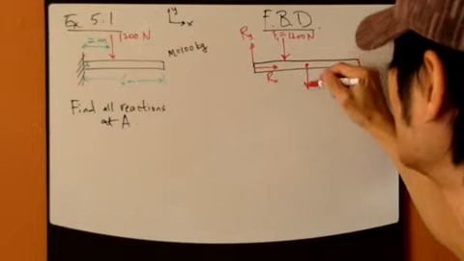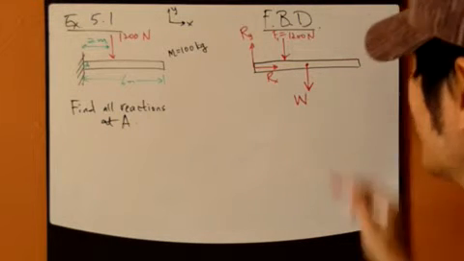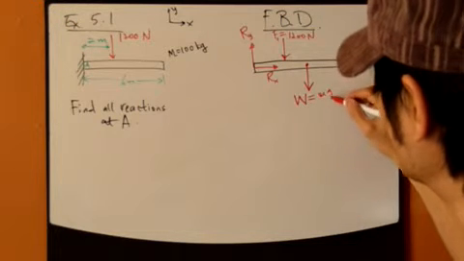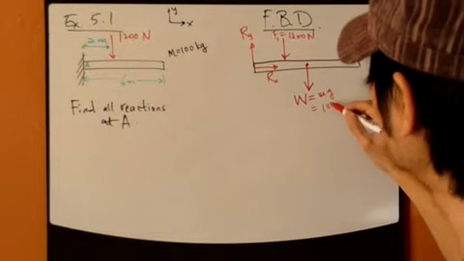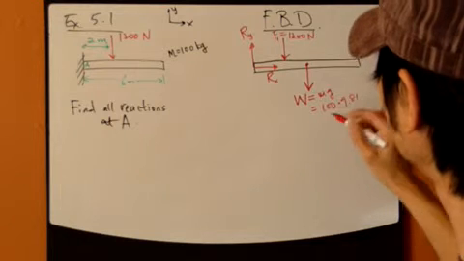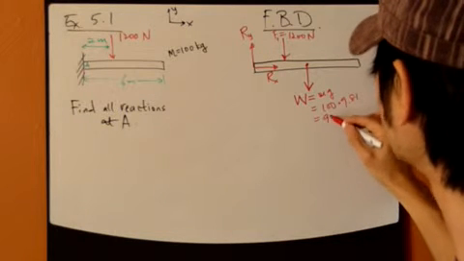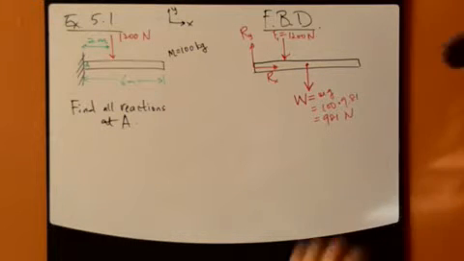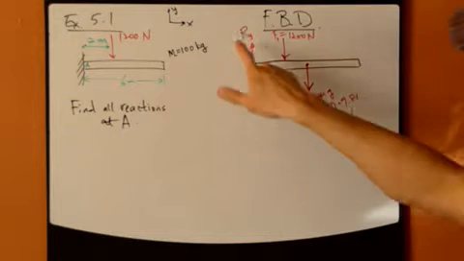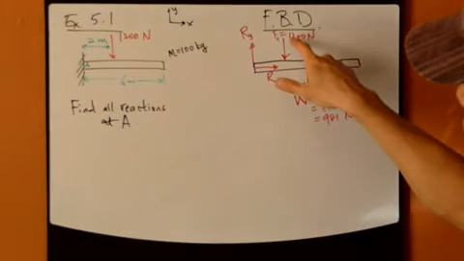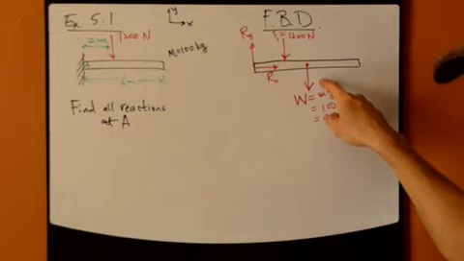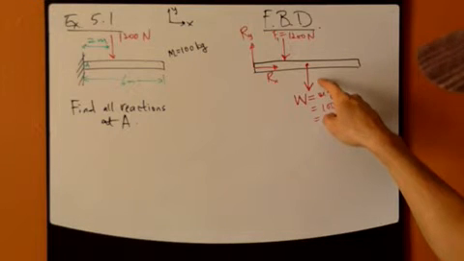That's where the weight is applied. Now weight is mg, which is 100 kilograms times gravitational acceleration, so that's 981 newtons. That's it, this is my free body diagram. So I have two reaction forces, an applied force, and one weight due to gravity.